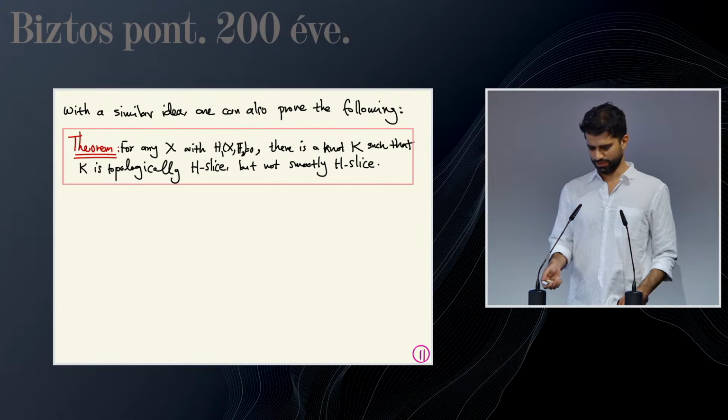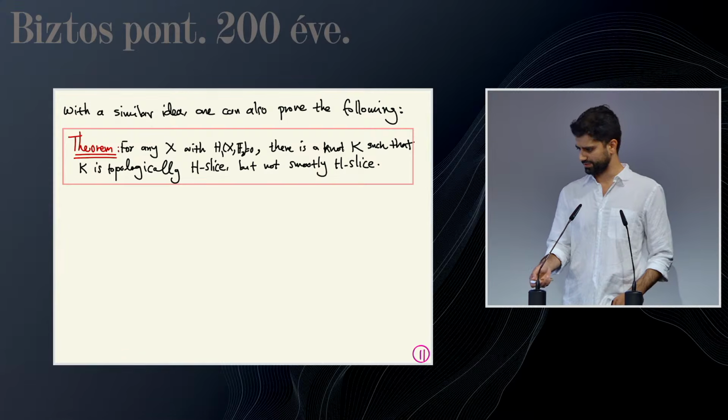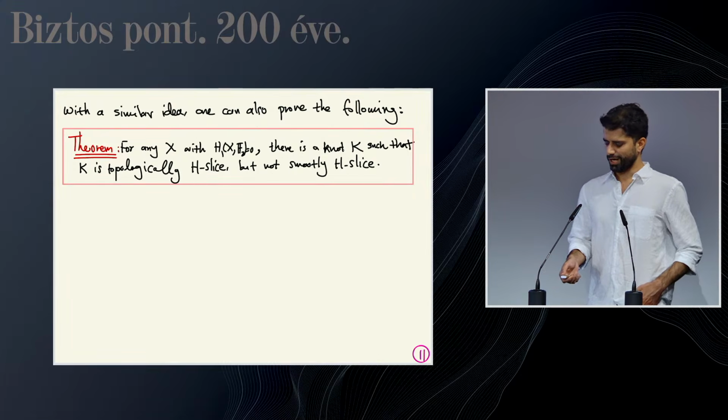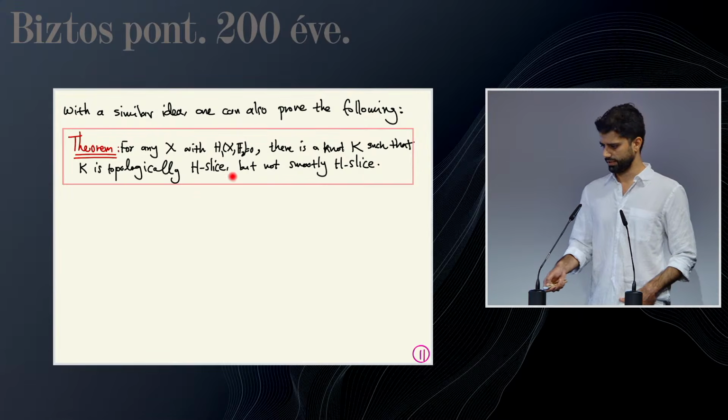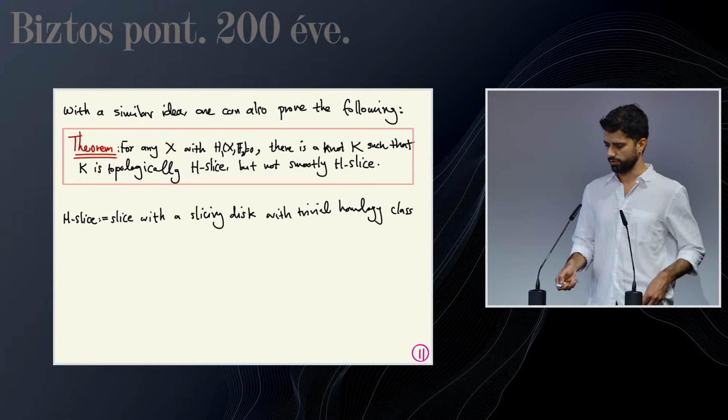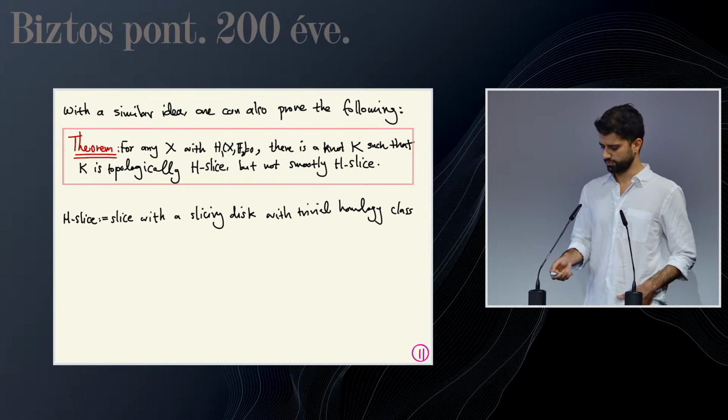Maybe just because I'm going slow, let me quickly say one other application, and then move to the proof of this theorem. Using a similar line of ideas, you can also say that for any smooth closed 4-manifold X with trivial H1 with Z mod 2 coefficients, there is a knot such that this knot is topologically H-slice, but not smoothly H-slice. H-slice here means being slice, but with trivial homology, so that the slicing disk should have trivial homology class.